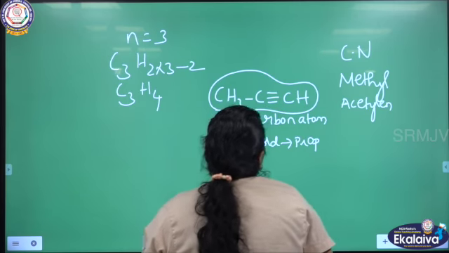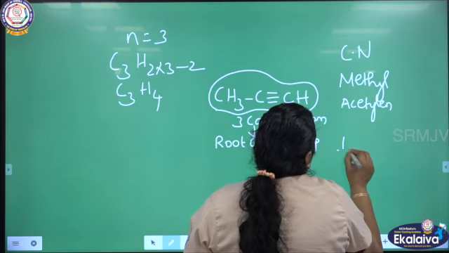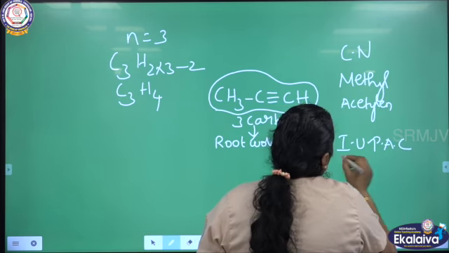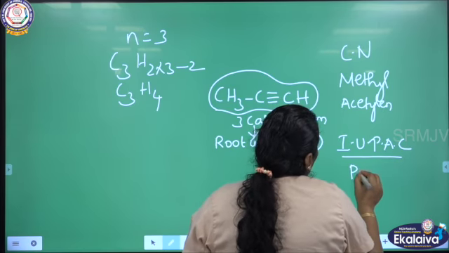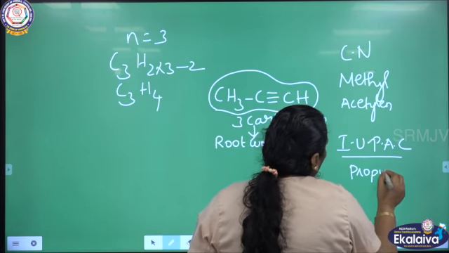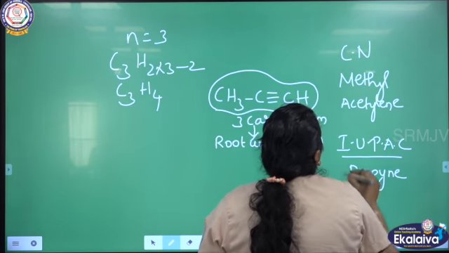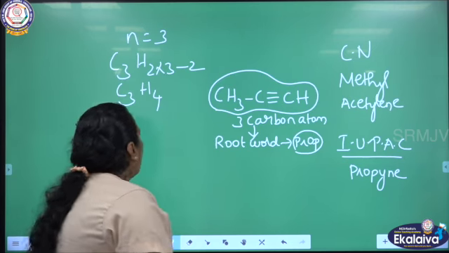What is the IUPAC name? There are 3 carbons, the root word is prop, and the ending for a triple bond is yne: propyne. So the common name is methyl acetylene, whereas the IUPAC name is propyne.